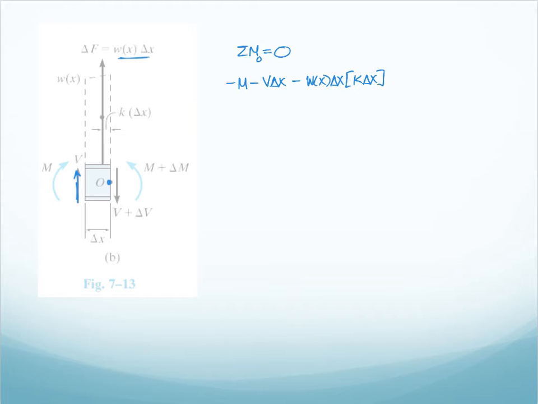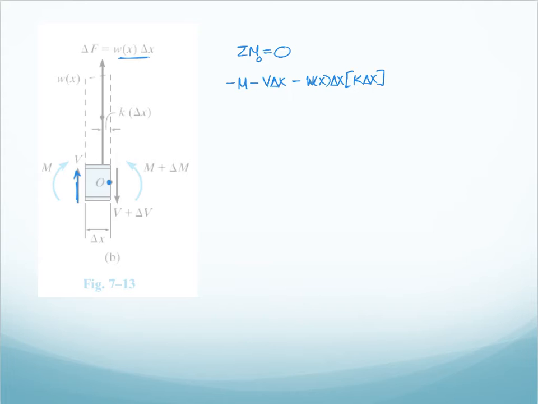And so the way that they're doing that is they're saying, of course, we have to put the distributed load force somewhere along the width of delta x. We don't know exactly where it is. If it was uniform, it would be right in the middle. If it was a triangle, it would be shifted towards the right-hand side.